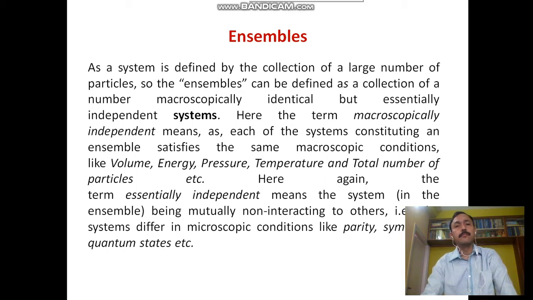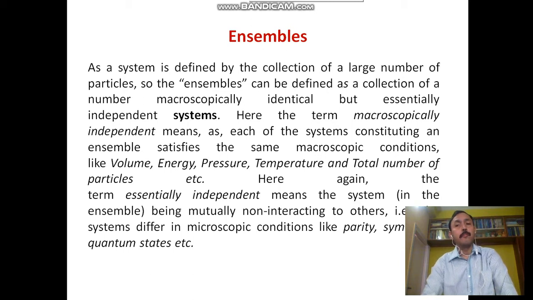A system is defined by a collection of a large number of particles. So, an ensemble can be defined as a collection of a number of macroscopically identical but essentially independent systems.